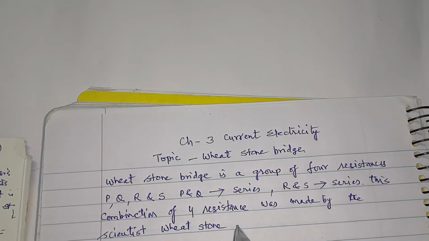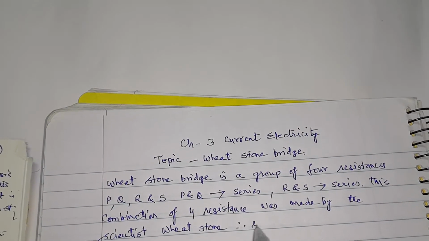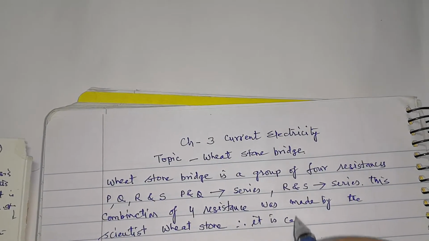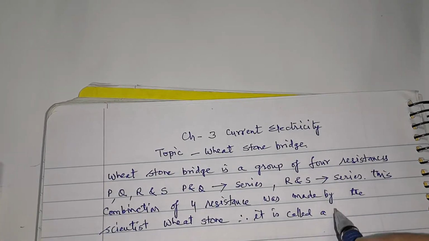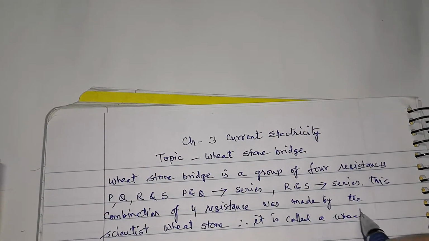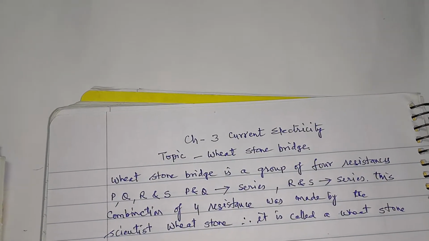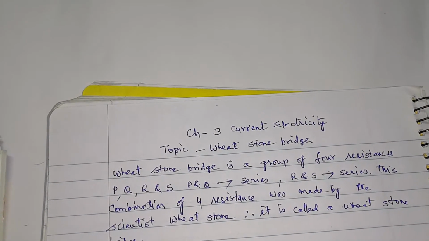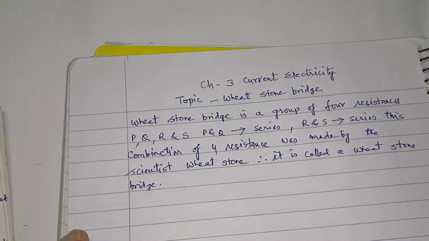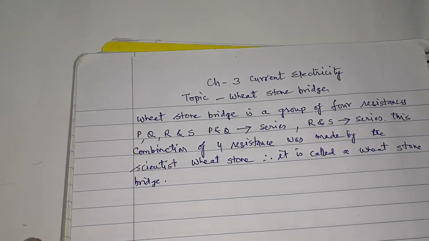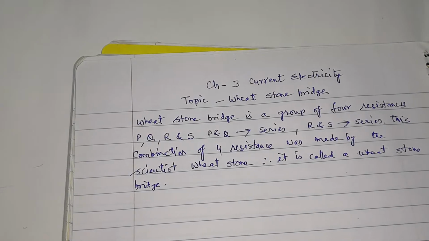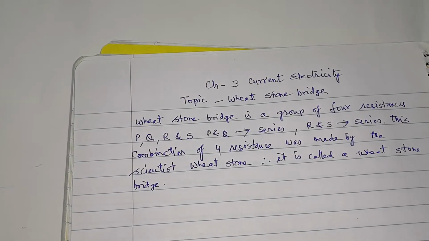Therefore it is called a Wheatstone bridge. Let me draw the circuit diagram of the Wheatstone bridge with 4 resistances P, Q, R and S.